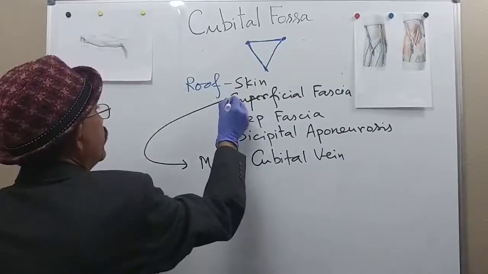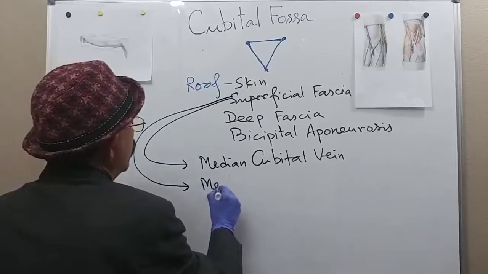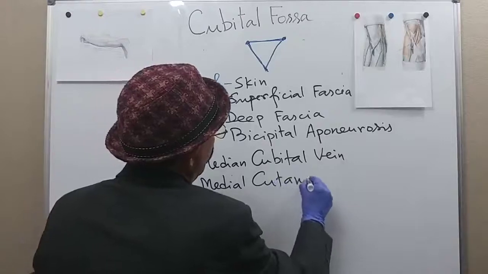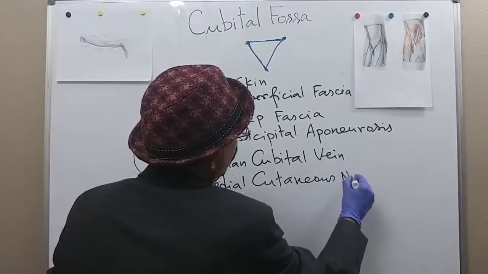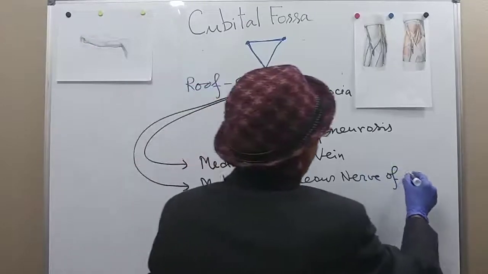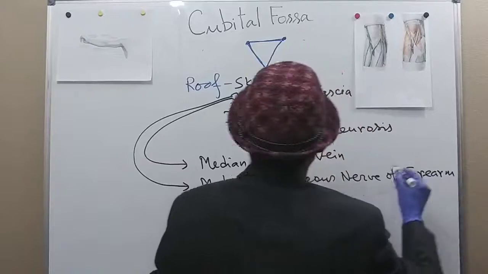And also in the superficial fascia you get the medial cutaneous nerve of the forearm.